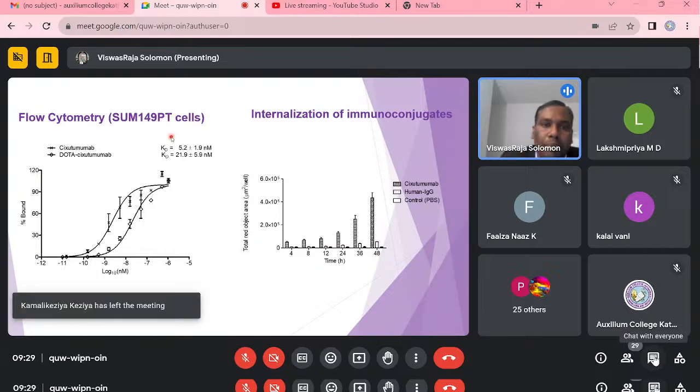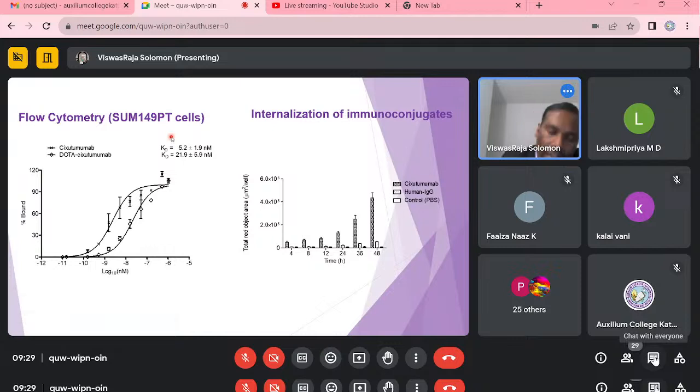Again, we did the cell binding studies and didn't see any significant difference. We concluded the bioconjugation didn't change the protein integrity or affinity behavior. We decided to go for the next step.